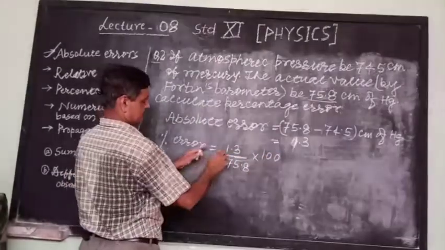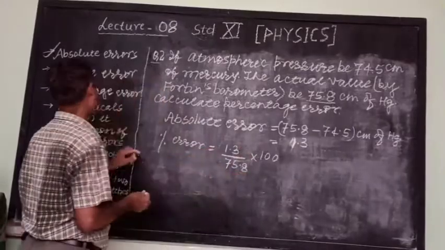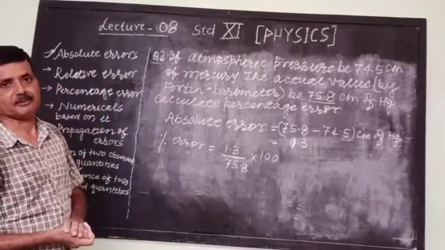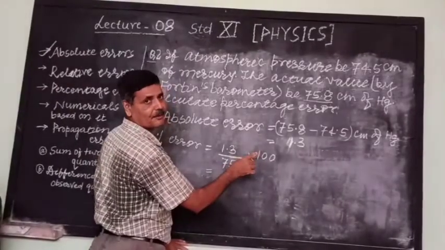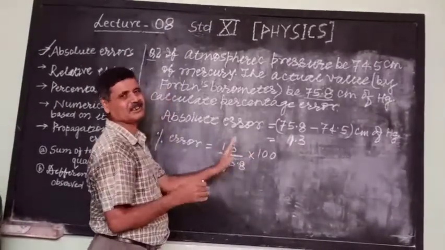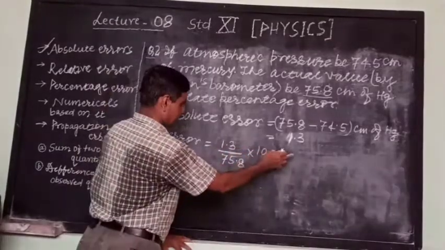So we can say this value gives relative error. We can solve it. It will be expressed in percent.